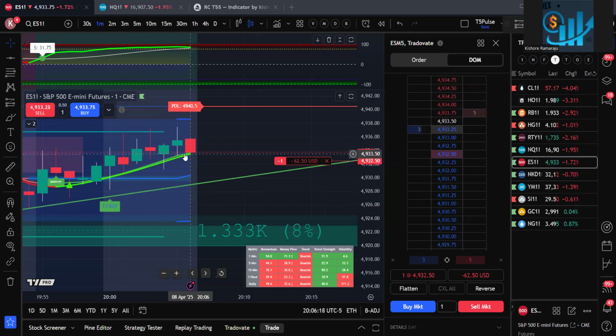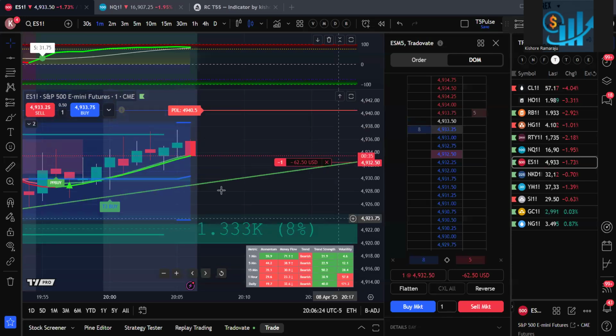Once this T5 line becomes red and this line becomes red, we can enter the short. It will come all the way till here.